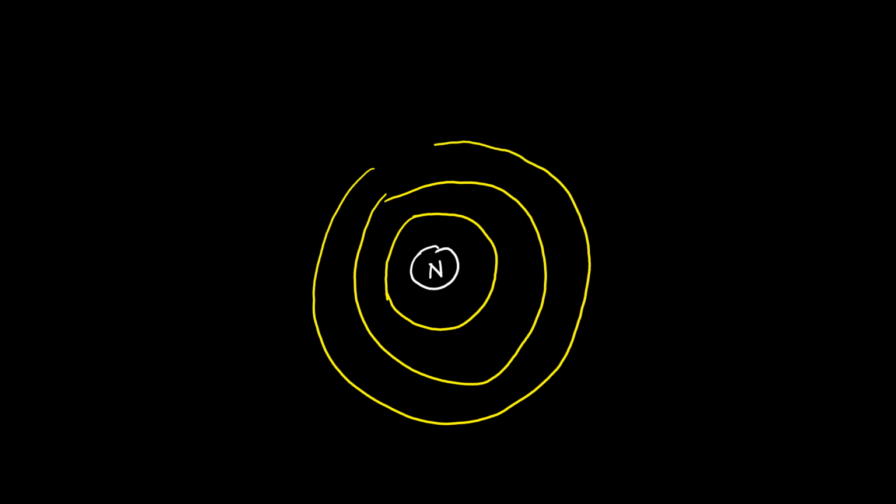These two electrons are in the first energy level, known as the K shell. The eight electrons are in the second energy level or L shell, and one electron is in the M shell or third energy level.